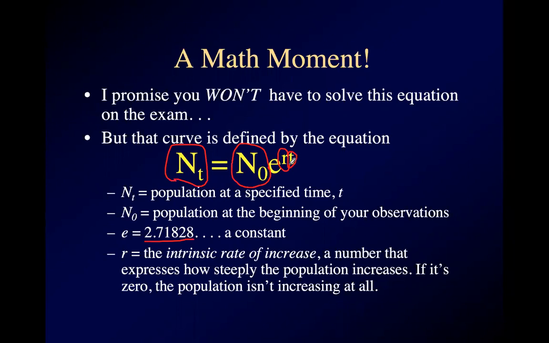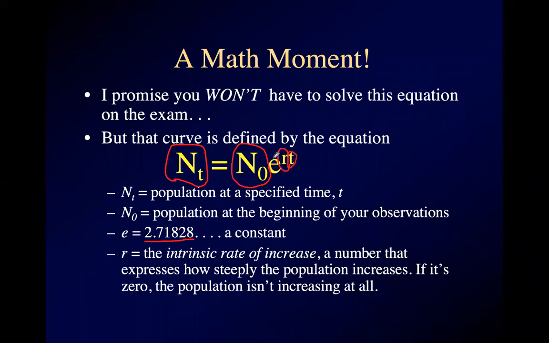If r is 1, then the population is going to grow, but its slope is going to be relatively low. If r is 4 or 5 or something like that, the population is going to go up like a rocket. If r is equal to 0, by the way, then the population doesn't grow at all. It just stays steady.